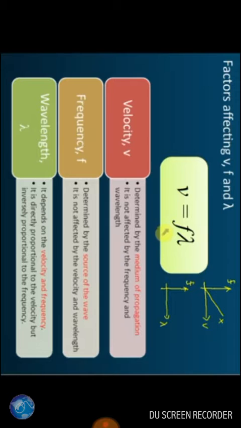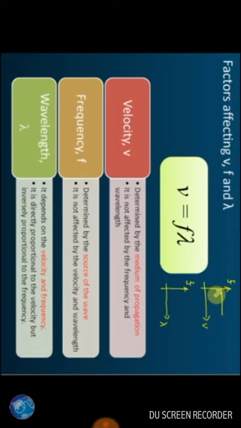Why? Because I told you just now, the frequency is not affected by V. No matter how V changes, the frequency will not change. The frequency will only be affected by the source of the wave. So the correct graph should be this.